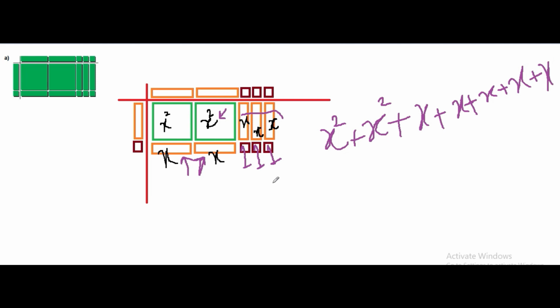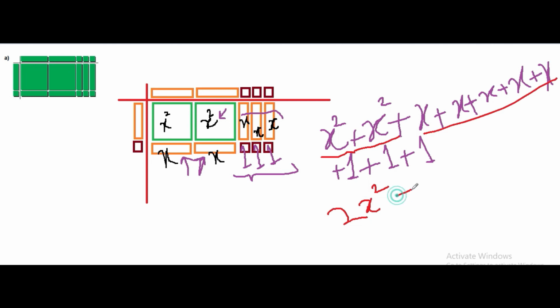Now we have 3 tiny small boxes, each representing 1, so we write plus 1, plus 1, and plus 1 again. Simply adding the x squares, it becomes 2x square, and the x's are plus 5x, and these 1s are 3.